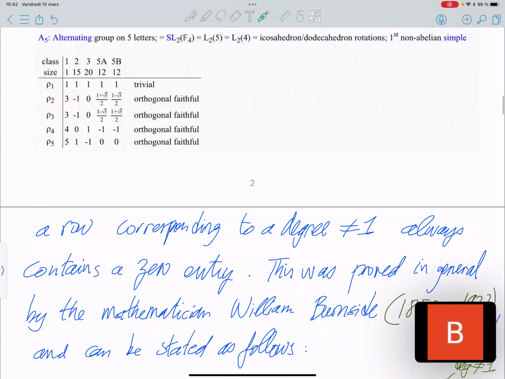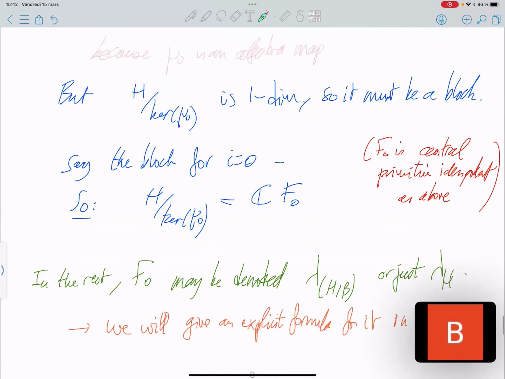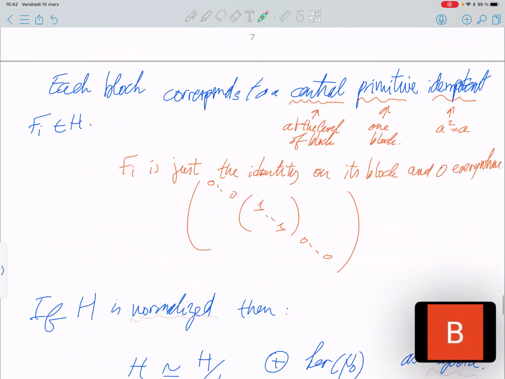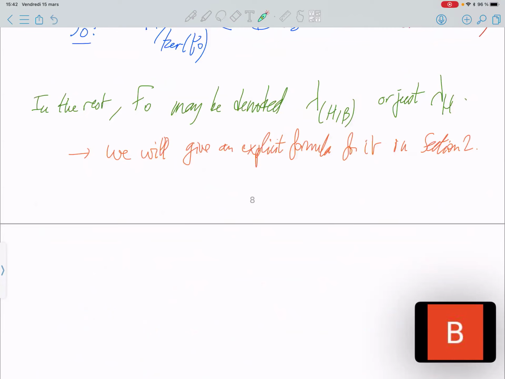This F0 is a projection generalizing the first column of the character table. So it makes things more concrete.